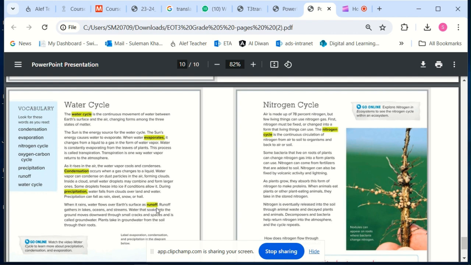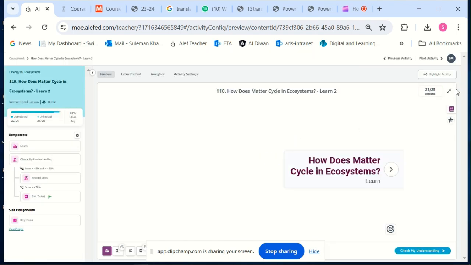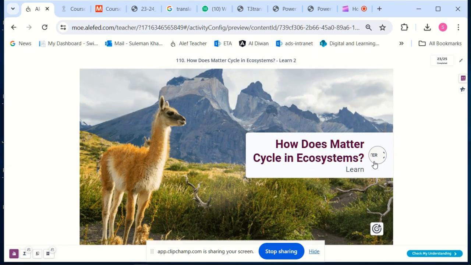And runoff is ماي on the geosphere, on the earth. When it rains, يعني بعد مطر, the ماي is called runoff. Okay.